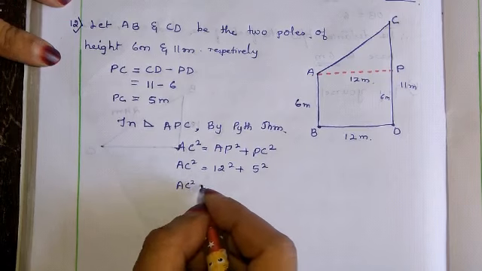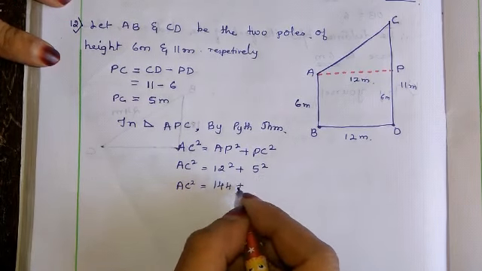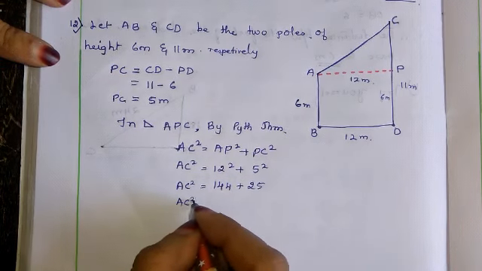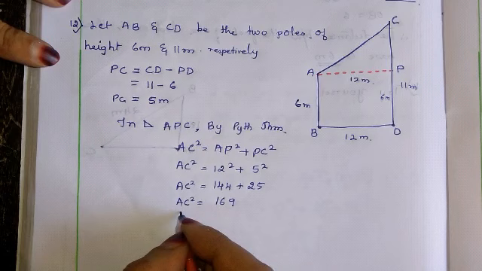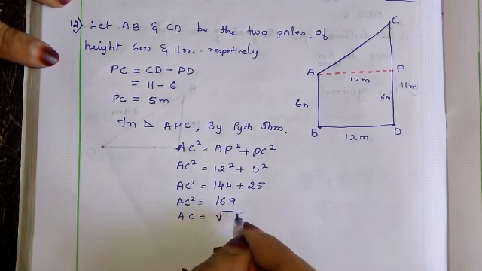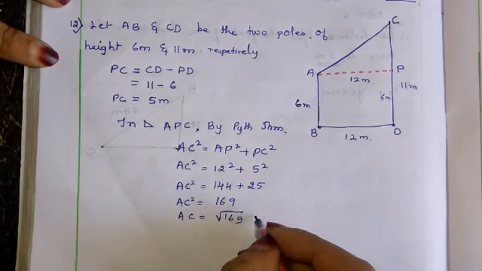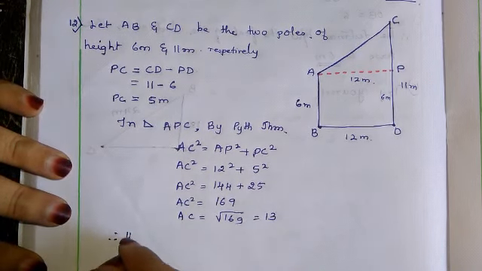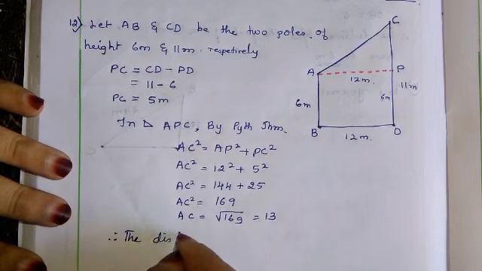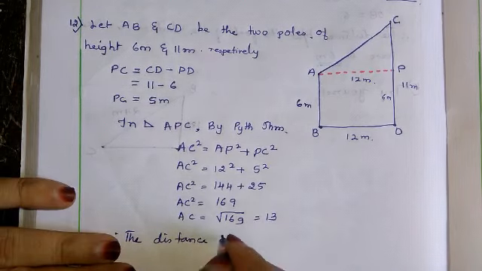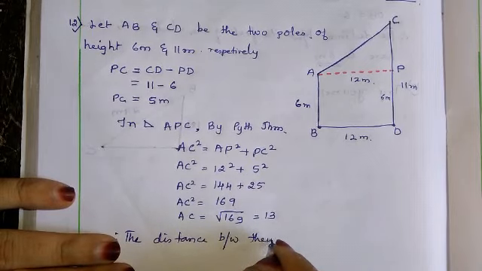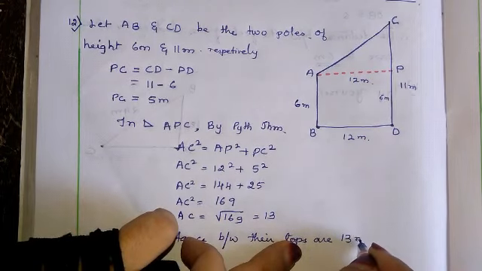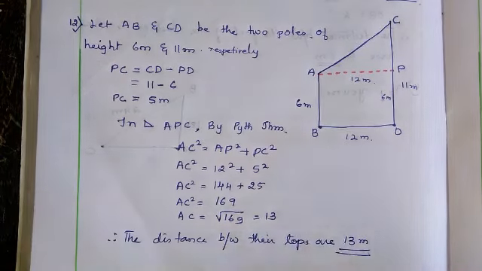AC square is equal to 144 plus 25, since 12 square is 144 and 5 square is 25. AC square is equal to 169. AC is equal to root of 169. Root of 169 is nothing but 13. Therefore, the distance between their tops is 13 meter. This is the answer. Okay.